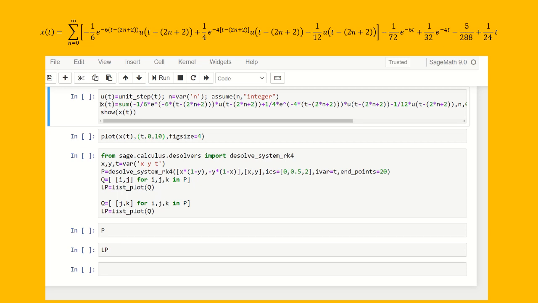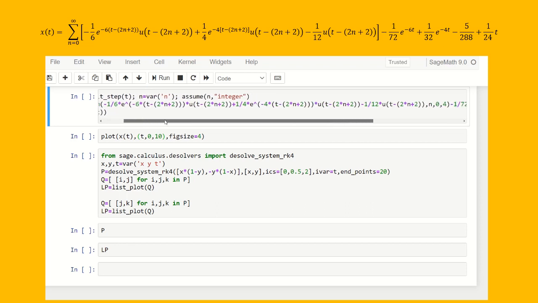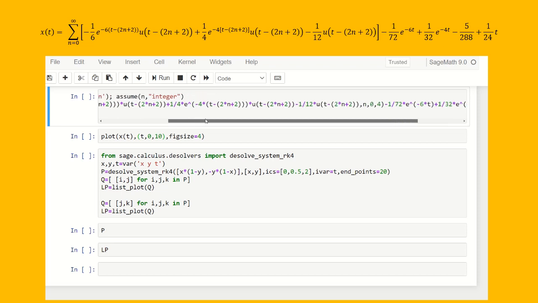So let's see. What happens next? We define x of t by x of t equals sum, and then we have a fairly long formula up here. Minus 1/6 times that exponential times a unit step function plus 1/4 times an exponential times a unit step function minus 1/12 u of this stuff, and that's summed where n goes, in this case, from 0 to 4.